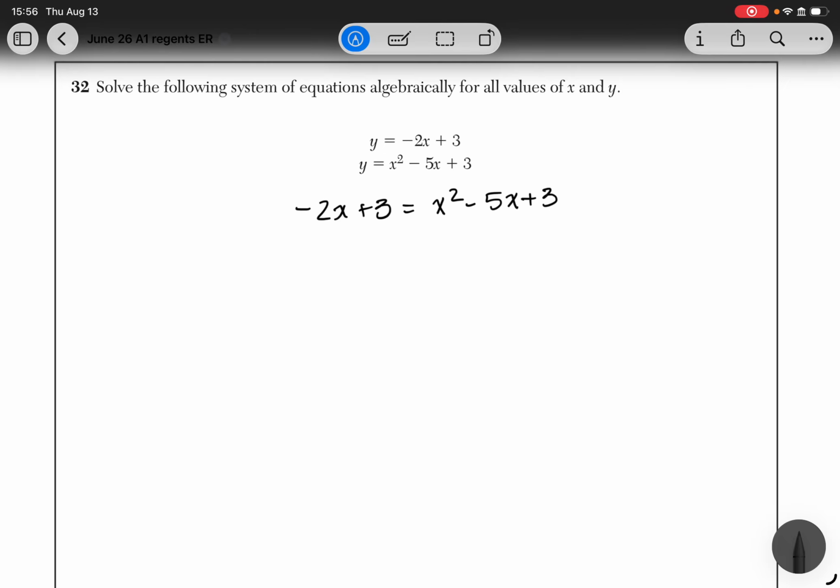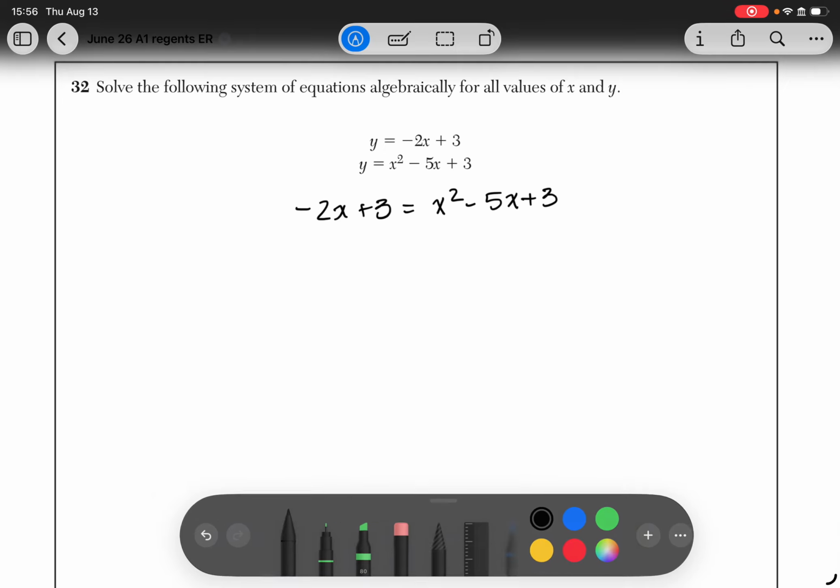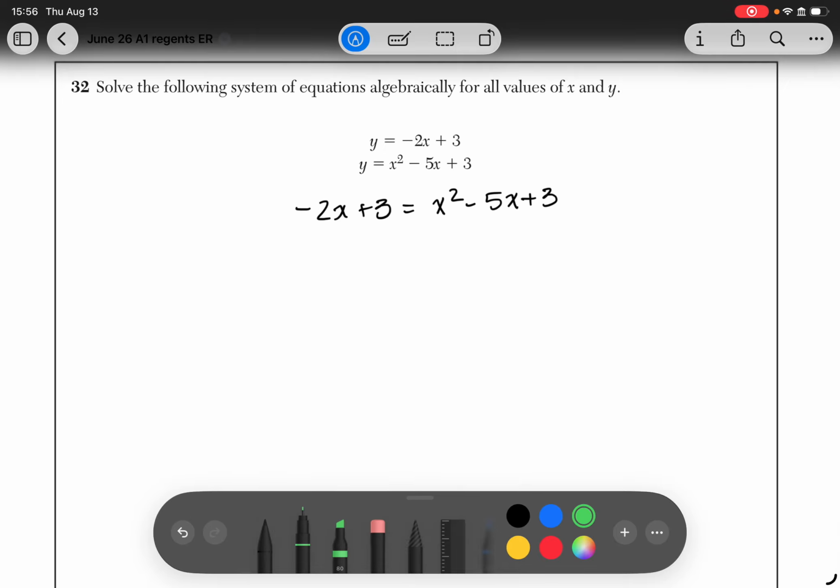From there, we want to move the terms all over to one side so that we can, once again, like I said, set it equal to 0. I'm going to move my constant term first. So since I have positive 3 on the left side, I'm going to subtract 3 from both sides. That way we can move that constant term. And now we're left with negative 2x equals x squared minus 5x.